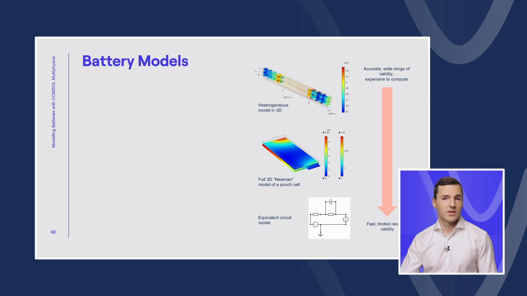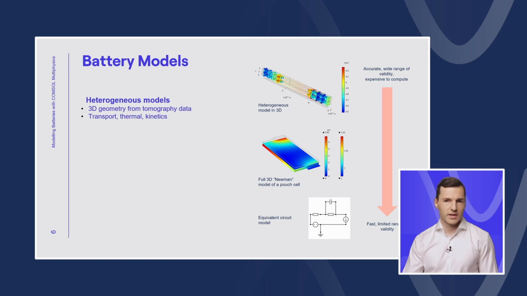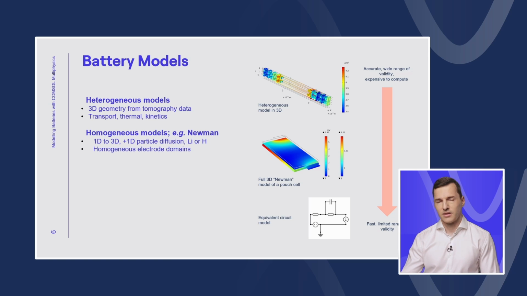Then if you don't need that much detail complexity, and you are rather a designer than a researcher, then you can go for lumped parameter models, and you can use these Newman models like here, if you want to investigate a cell rather than the heterogeneous topography of the battery itself.